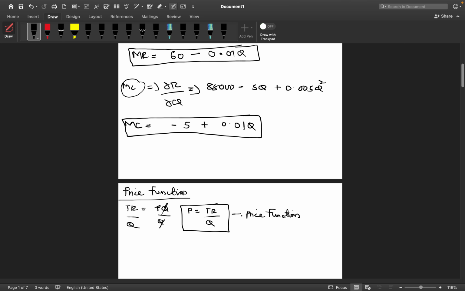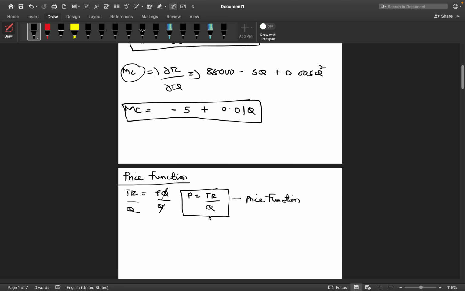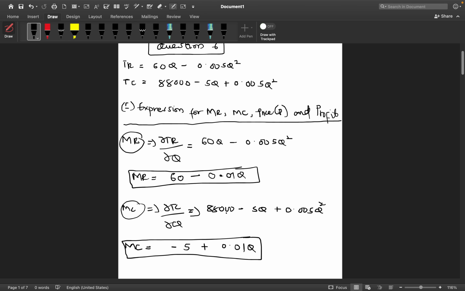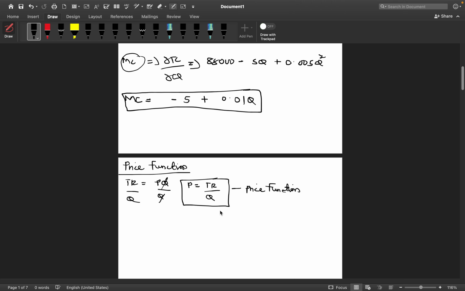Since I have the price function here, remember total revenue in the question was given as 60Q minus 0.005Q squared.